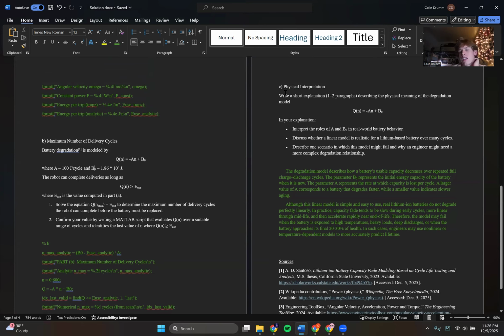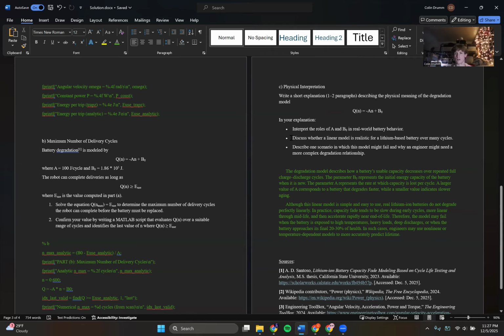And then for the analytical question here, I just wanted to make sure the students really understood what was being asked and what was being represented in the battery degradation equation. It's asking about that, and also, while the whole battery degradation equation is linear here, that's not really a realistic thing that would happen in the real world.